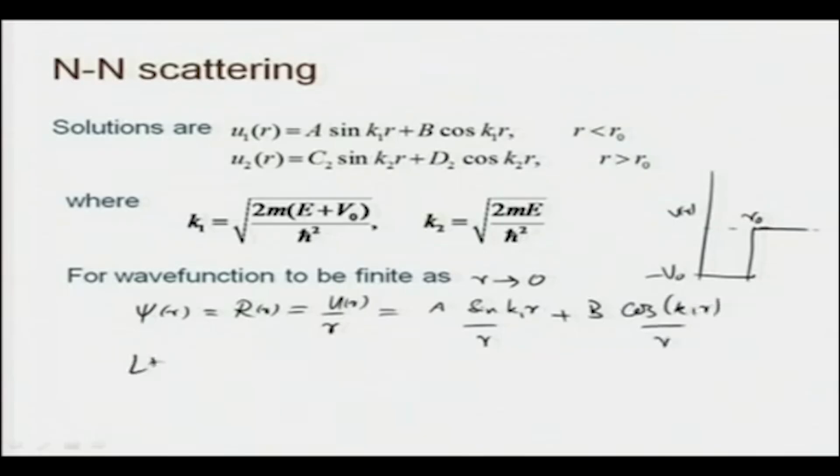So, we know that in the limit of going to 0, sin k 1 r over r is equal to k 1, which is finite, no problem.